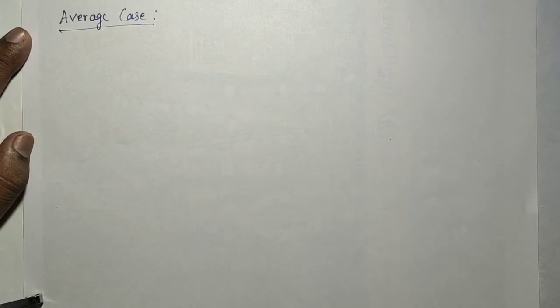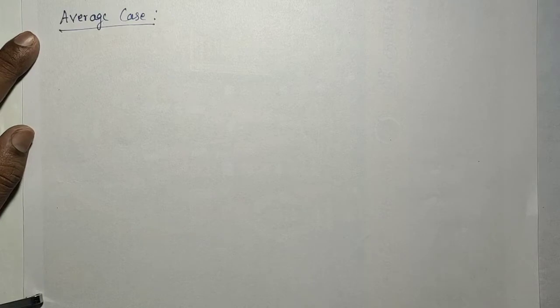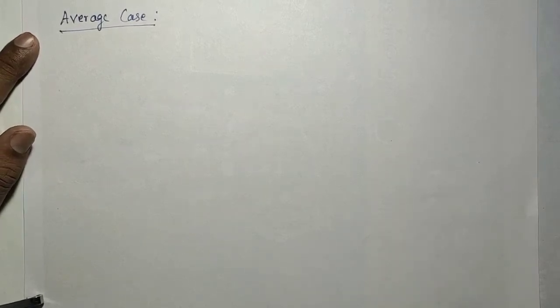The worst case, n is divided into n minus 1 and 0. The best case, n is divided into n by 2 and n by 2. The average case complexity for any algorithm is usually analyzed based on the probability of the input.